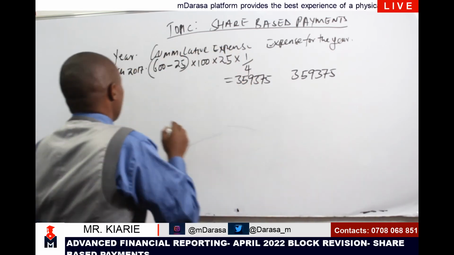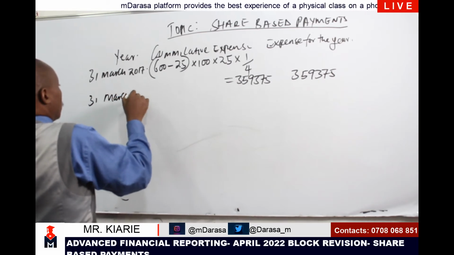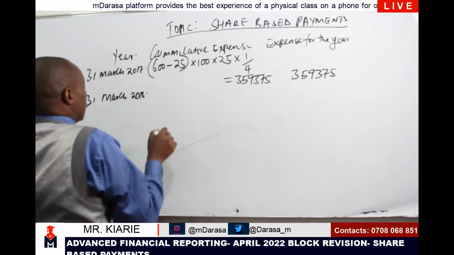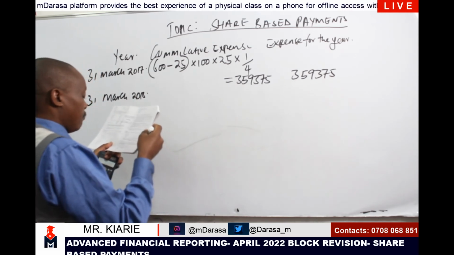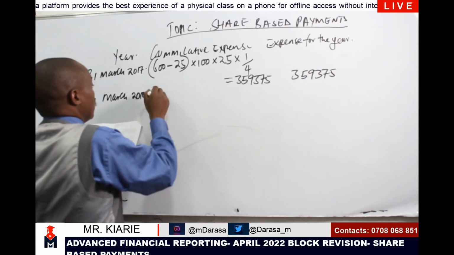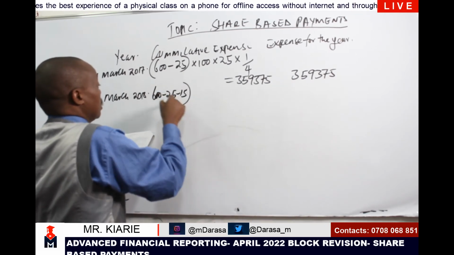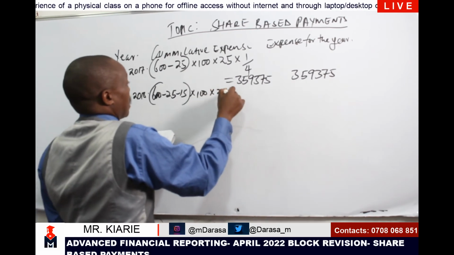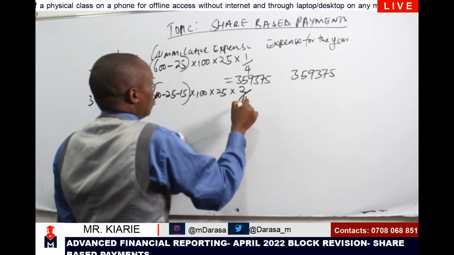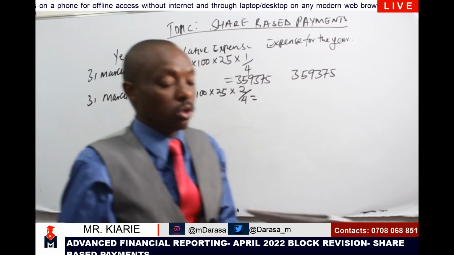Then we proceed on to 31st March 2018. Another 15 employees left. So 600 minus 25 minus 15 times 100 times 25 times, this time we are in year 2, 2/4.